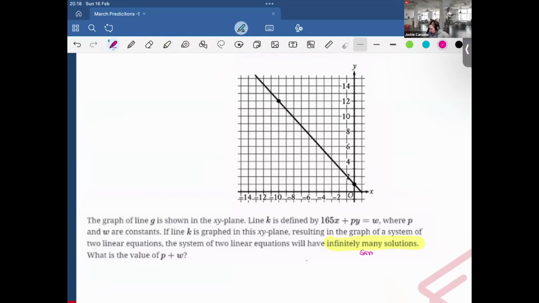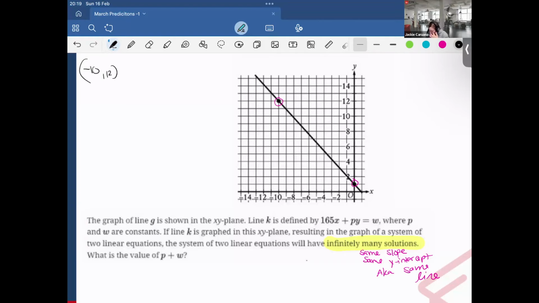So remember, this is same slope and same y-intercept. Basically, they're the same line. Okay, so what I would do here is if they give me two coordinates, let's take them. So that is at negative 10 and 12.